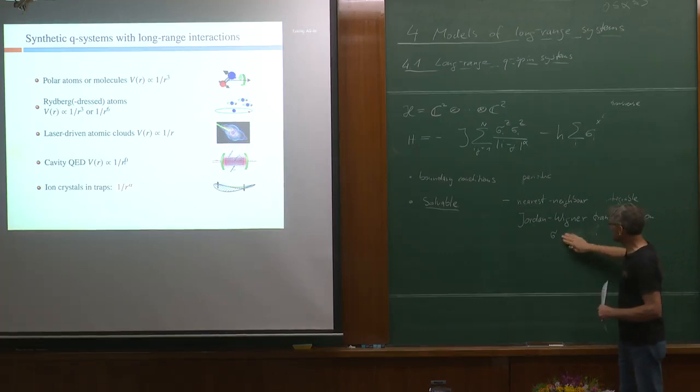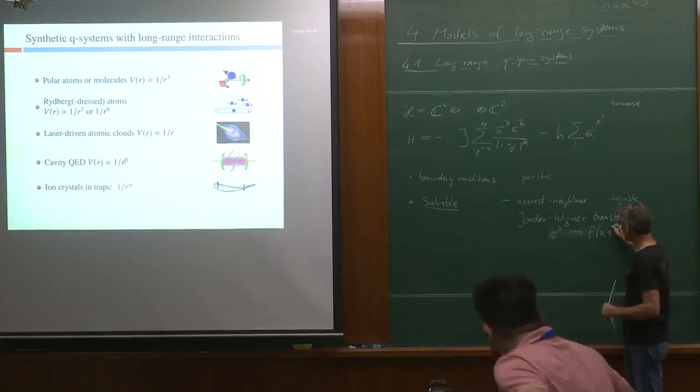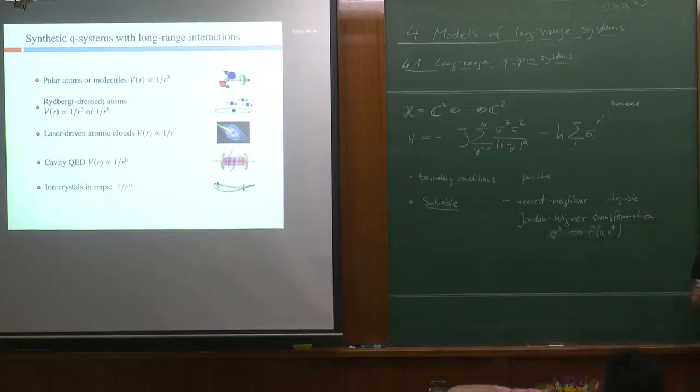That is maybe misleading, but the spin component, say spin Z, is mapped onto some function of creation and annihilation operators that are fermionic. That is what is really going on here. The interesting thing is that if you do this mapping for the transverse field Ising chain, for which it was designed, kind of, then you get a simple model that is quadratic in the fermions. And because it's quadratic in the fermionic operators, you can then solve that fermionic model.